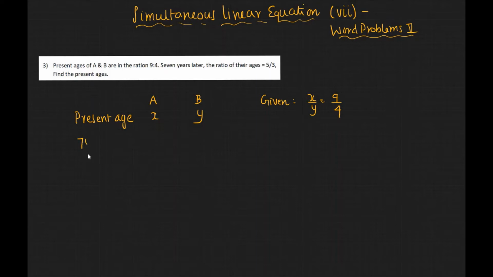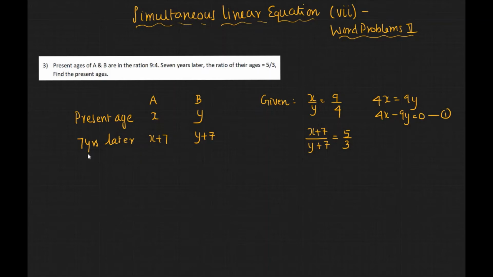So let's write 7 years later, A's age is X plus 7 and B's age is Y plus 7. So you have X plus 7 divided by Y plus 7, that's equal to 5 by 3. So we can convert these into linear equations. So you can say this is 4x equal to 9y, or 4x minus 9y equal to 0.